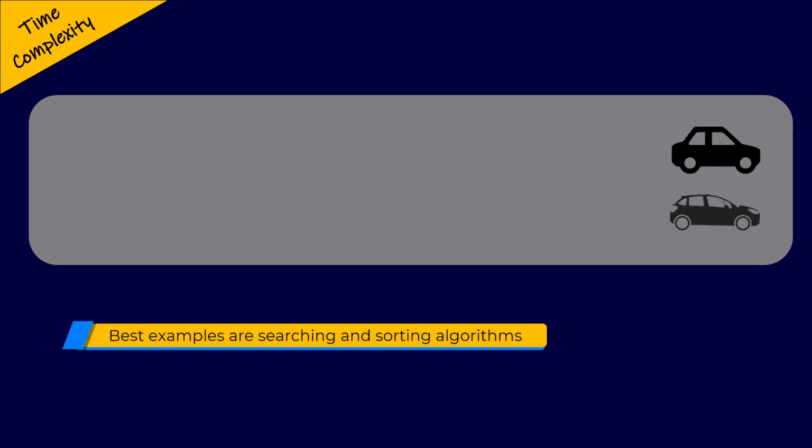For instance, these two cars may be considered as two different algorithms, which implement the same operation. Since one car takes less time than the other to reach the destination, similarly, we can say one algorithm may take lesser time to execute than the other. In computer science, the best examples of this scenario are the searching and the sorting algorithms.